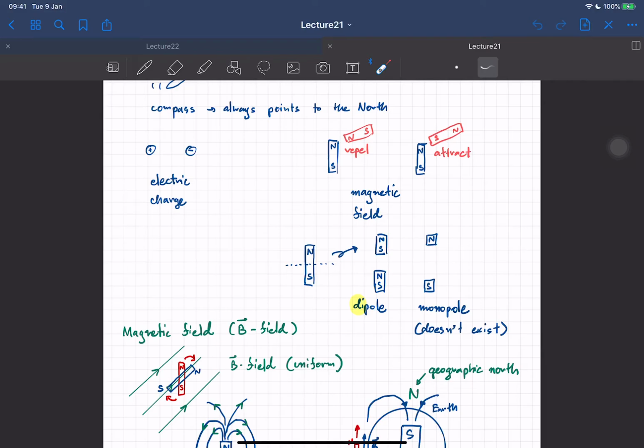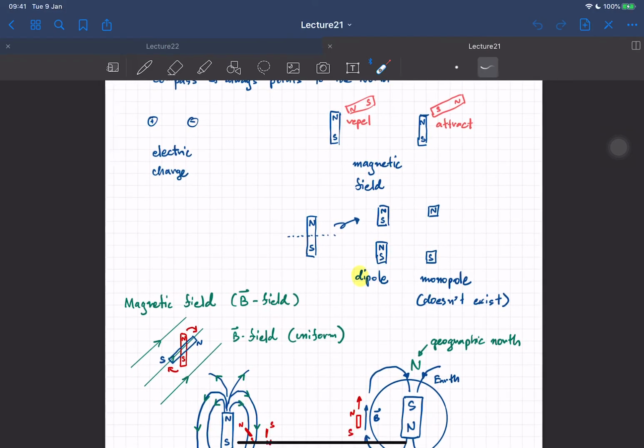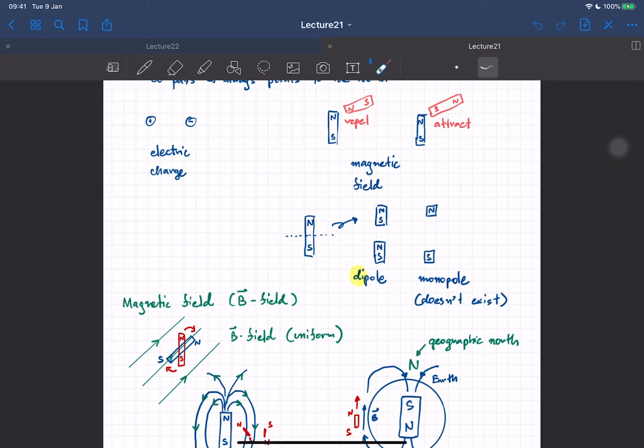We don't have something which is just a north magnetic pole, a magnetic monopole. It doesn't exist. Well, maybe we know why, but we have been trying to find experimentally if a magnetic monopole exists, but so far no one has found it.